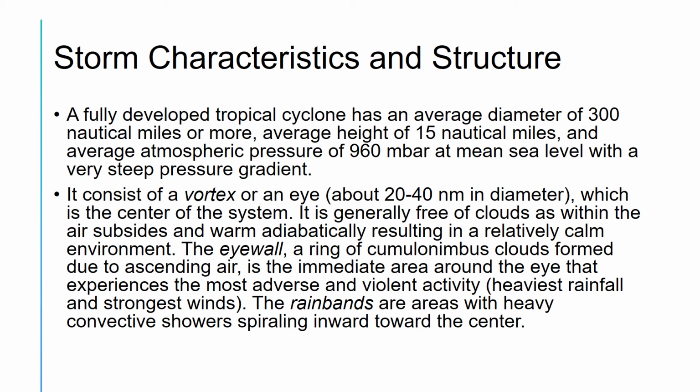So, the rain bands are areas with heavy convective showers spiraling inward towards the center. So, kapag napapansin nyo na ang bagyo ay tumama sa inyo yung mata o yung vortex na sinasabi, kapag palapit na palapit sa inyo yung mata, palakas ng palakas yung bugso ng hangin at saka lakas ng ulan.